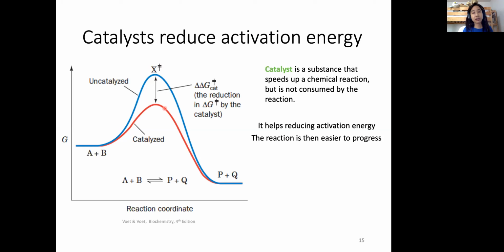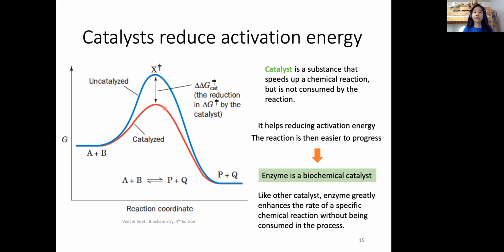We cannot tolerate high heat, high pressure, acid, or very strong base. So we have adopted a new tool, which is enzymes.